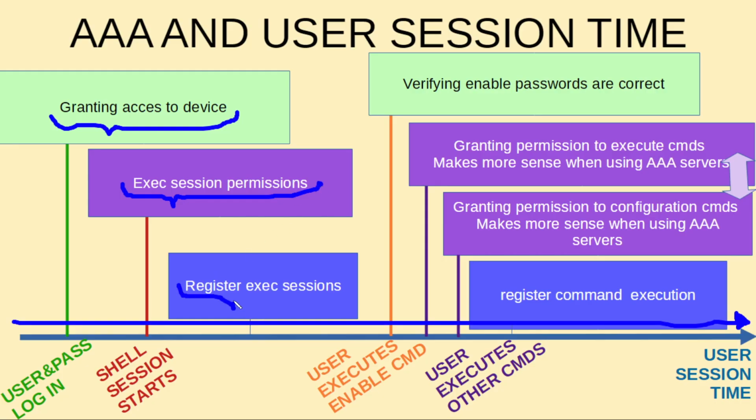Optionally, we may register that an exec session started. Then we are going to validate that the enable passwords that the user may enter are correct. Then optionally, we may go into detail and grant permissions to particular operational commands or configuration commands. And optionally, we may register that a user executed a command.